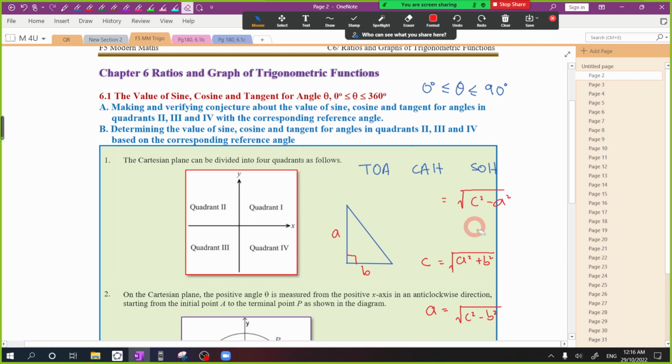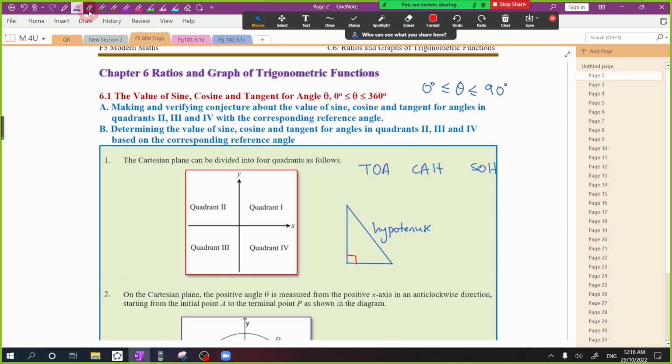Okay, now let's go to how to determine the opposite side, adjacent side, and hypotenuse. Now we have a right angle triangle here. To determine the hypotenuse side, it is very easy because hypotenuse side is always opposite the right angle. But the opposite side and adjacent side depend on the position of theta.